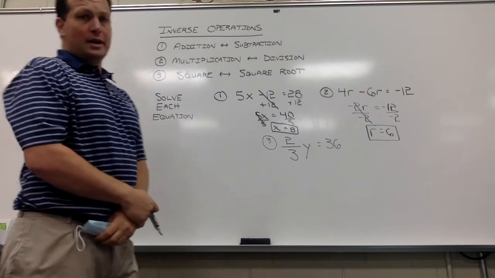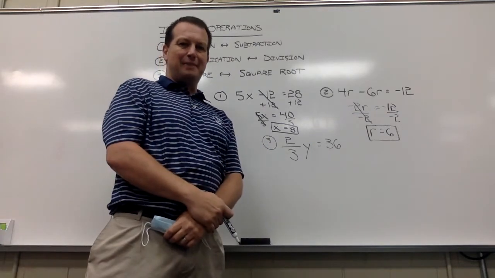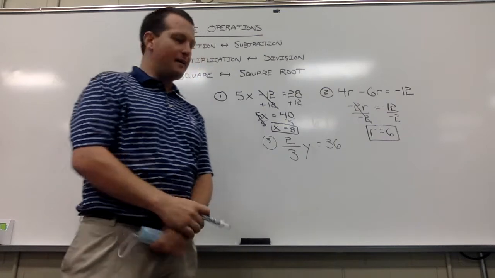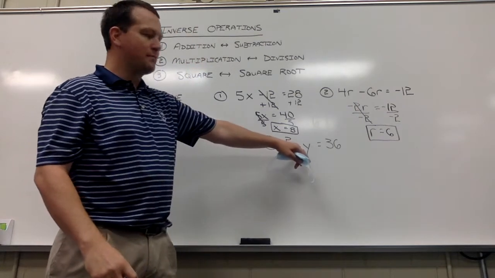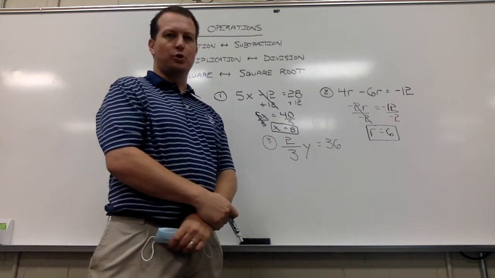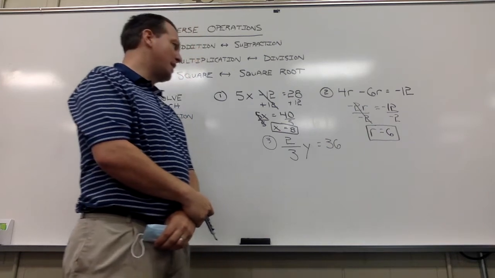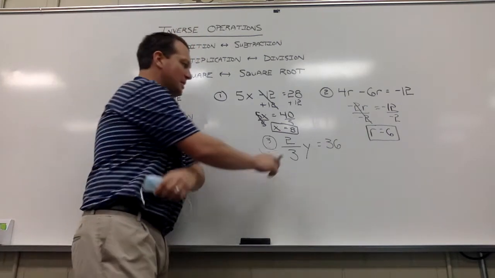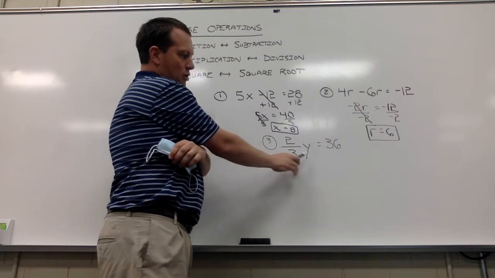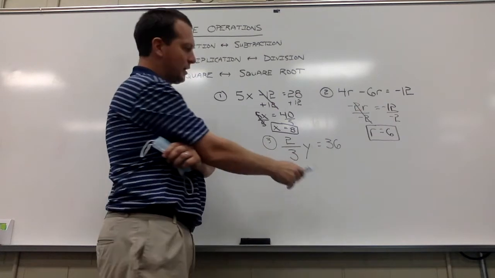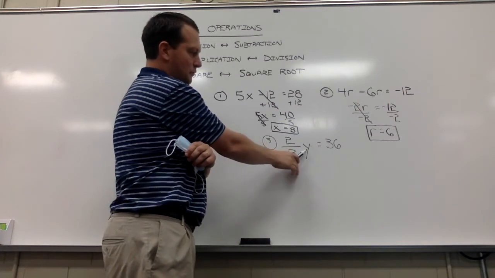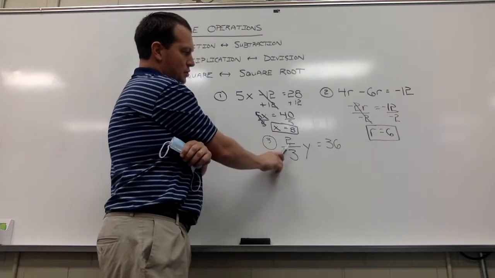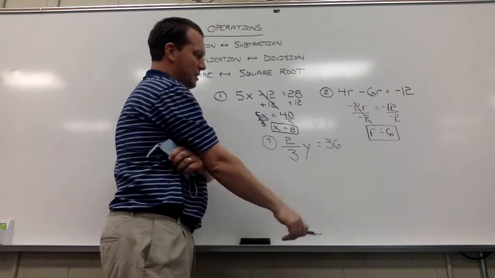Example 3, look out. This is a kind of a special example. We have 2/3 times y equals 36. Now here I am dealing with a fractional coefficient value. A coefficient, again, is just a number or value in front of a variable. So I have 2/3 times y equals 36.